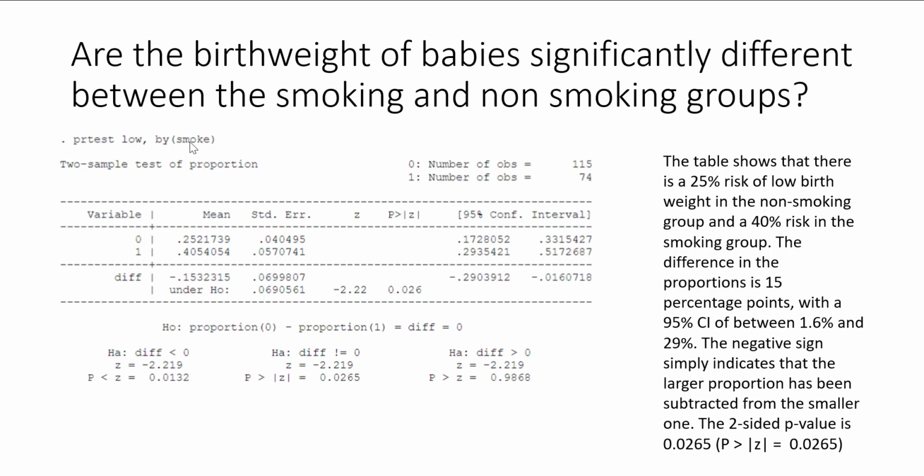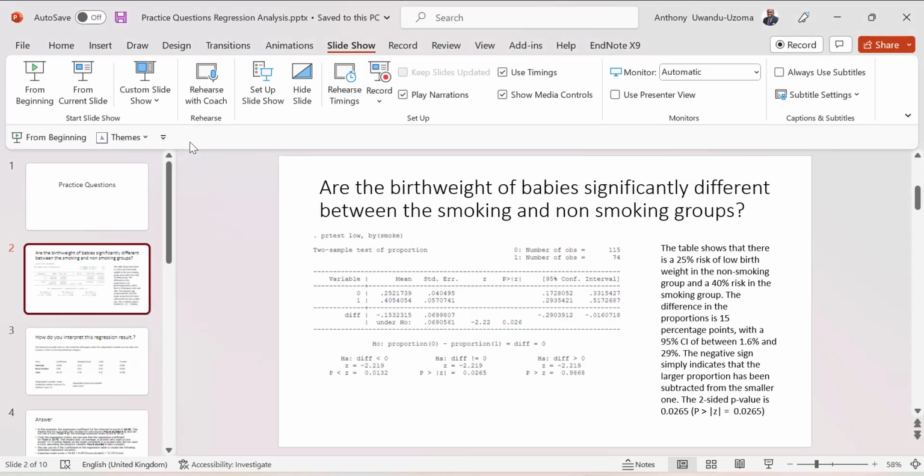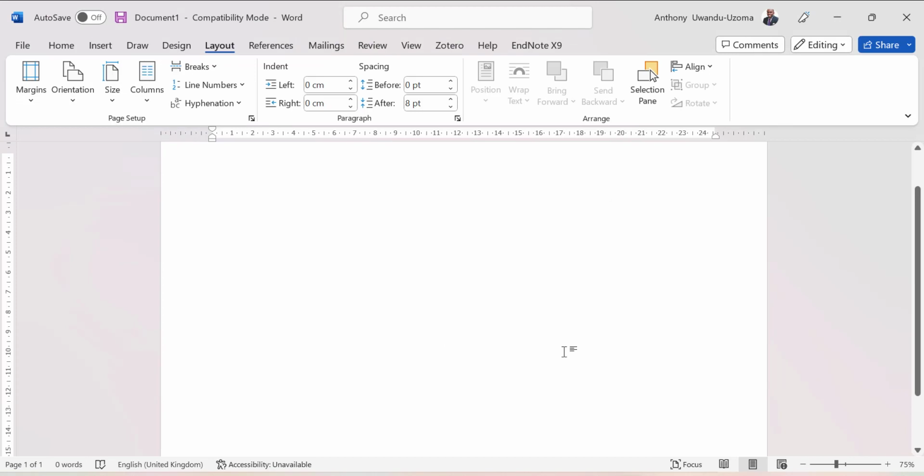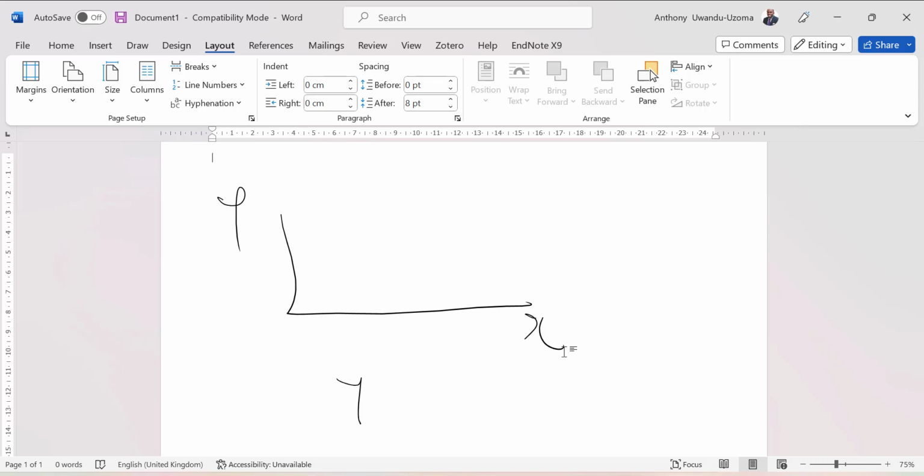So what do I mean by that? So, for example, you have the equation of a straight line. This is your y and this is your x. So now the equation of the straight line is y is equal to mx plus c. All right.